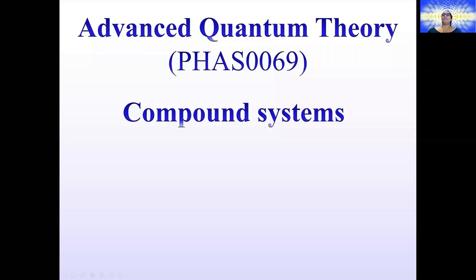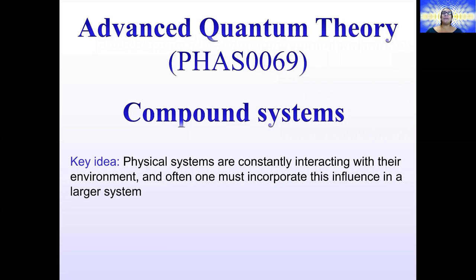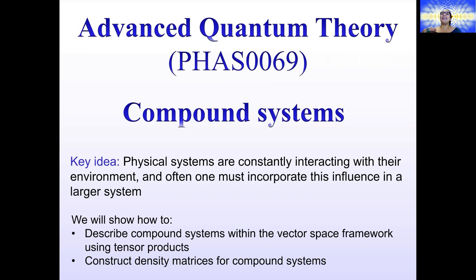The key idea behind combining things is that physical systems are constantly interacting with their environment, and many times you need to incorporate this influence in a larger system, or you have more than one system which you might need to take into consideration. Here we're going to show you how to describe compound systems within the vector space framework using tensor products. Also, how to construct density matrices for compound systems and what all these things entail.